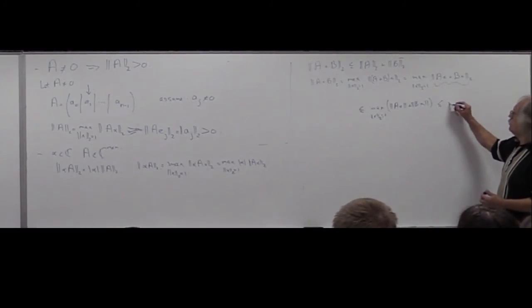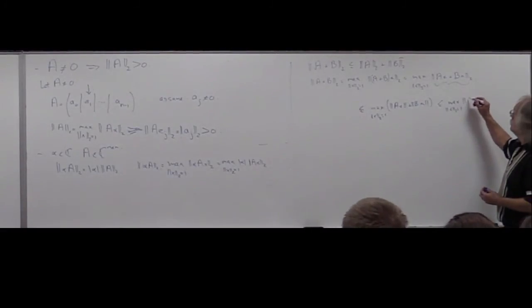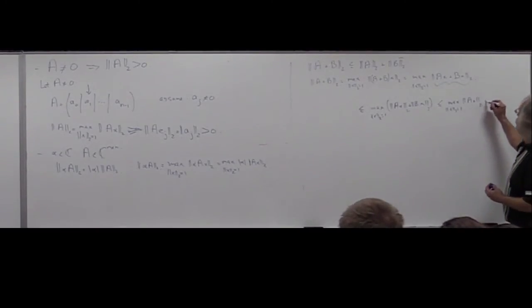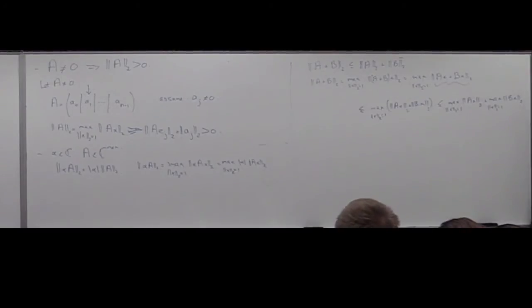Clearly that's less than or equal to maximizing the first term, and maximizing the second term separately, and adding the result. But this is just the definition of the matrix 2 norm of A, and this is just the definition of the matrix 2 norm of B.